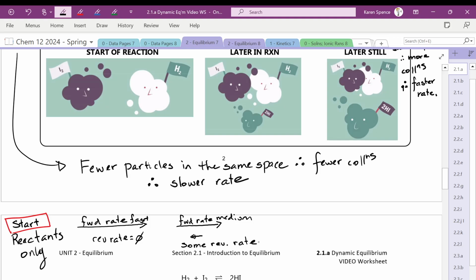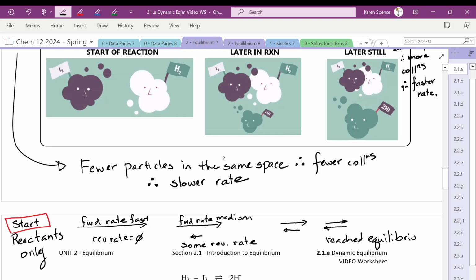Yes? And then we'll end up eventually where the two are the same. And when we get to here, we have reached what? Equilibrium.